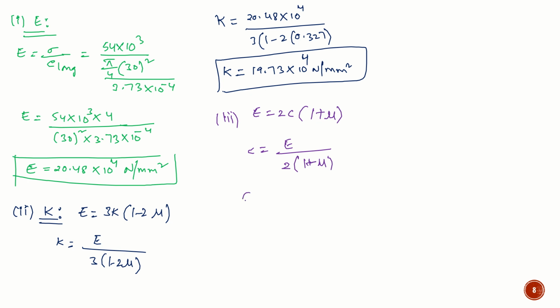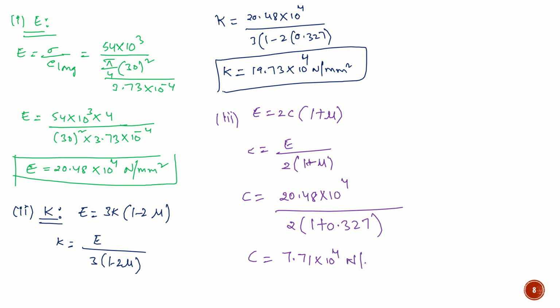So from here C is equal to, what is the value of E? 20.48 into 10 power 4 by 2 into 1 plus, what is mu value? 0.327. So if I solve this, I will get the value of C around 7.71 into 10 power 4 Newton per mm square.